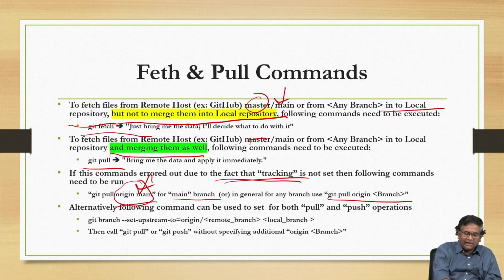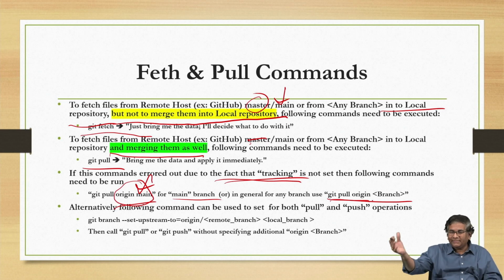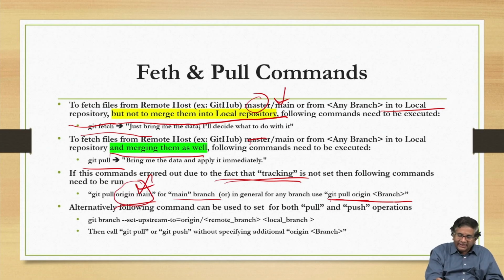That's where you specify origin main. For example, if you want to get it from a different branch, you say git pull origin branch X or branch Y or branch Z, whatever the branch name is. So this is required, but you can avoid these two words if tracking is set up.